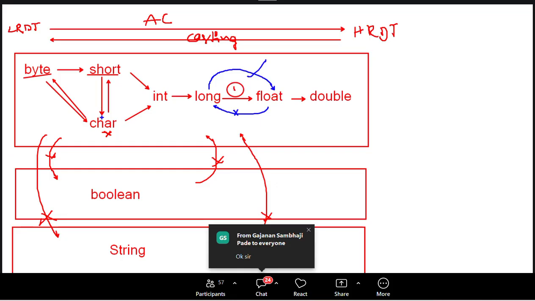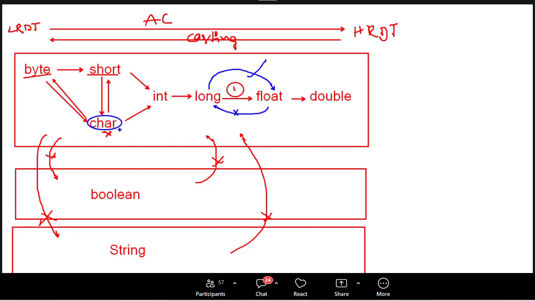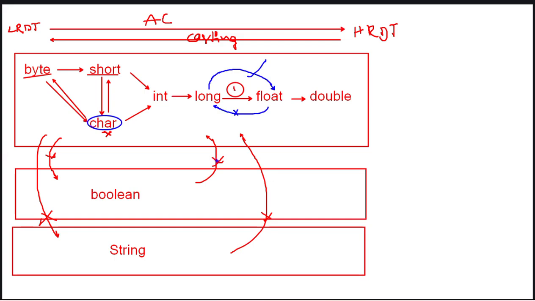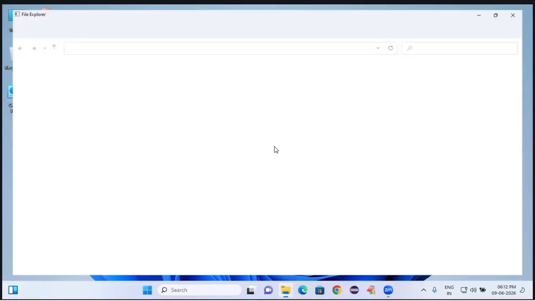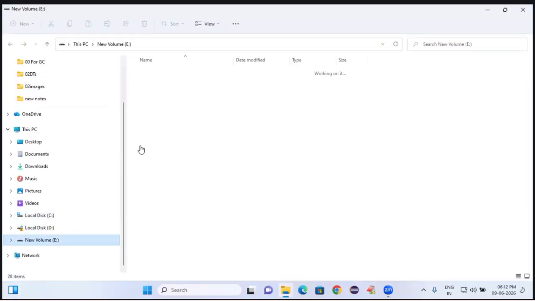Case number 2 on char data type. Let me try to explain directly with a program instead of slides.